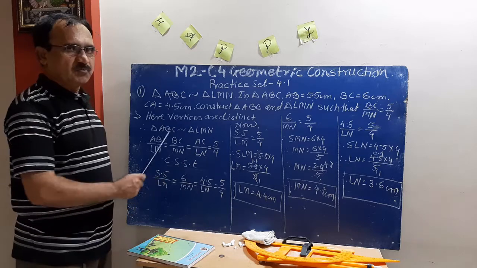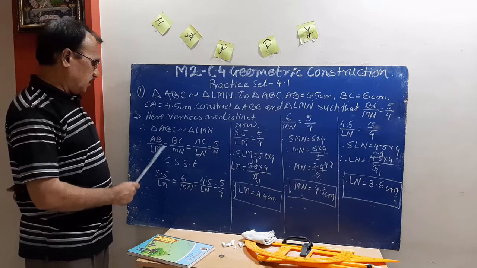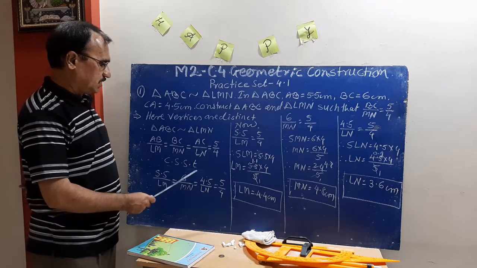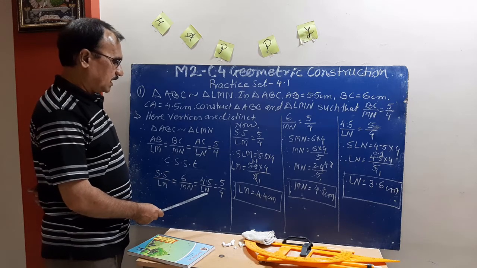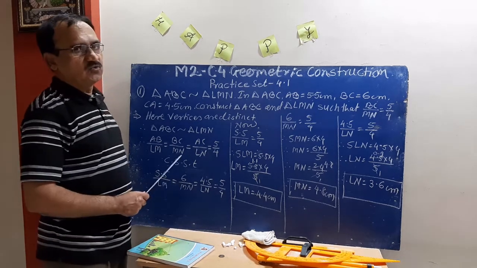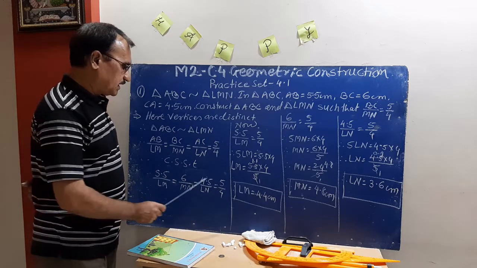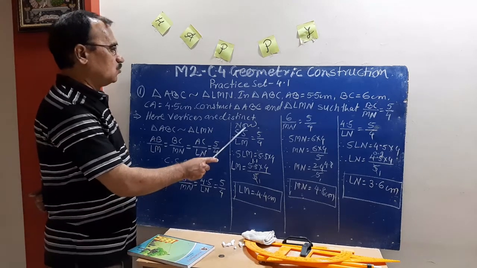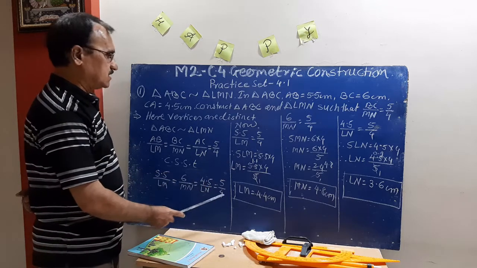Now write measurements of AB, BC and AC is already given in our example. AB is 5.5 upon LM is equal to BC is 6 upon MN is equal to AC is 4.5 upon LN is equal to 5 upon 4. Now take each two ratio, first and last, second and last, third and last. Now 5.5 upon LM is equal to 5 upon 4, first and last one.